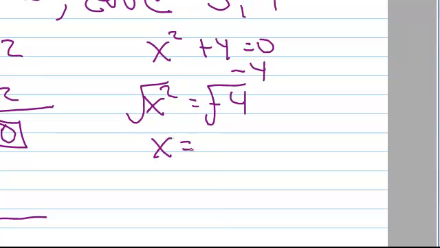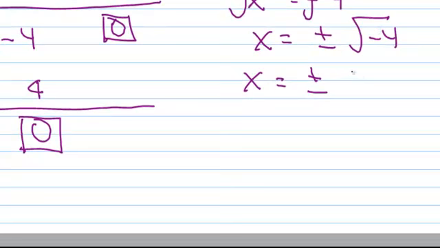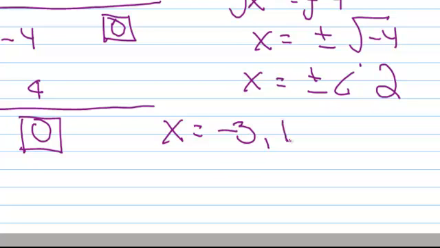So you get x equals plus or minus the square root of -4. So that becomes plus or minus, the negative is under the radical, so I can pull that out and make that an i. And the square root of 4 is 2. So here are my solutions. x equals -3, 1, and plus or minus 2i.